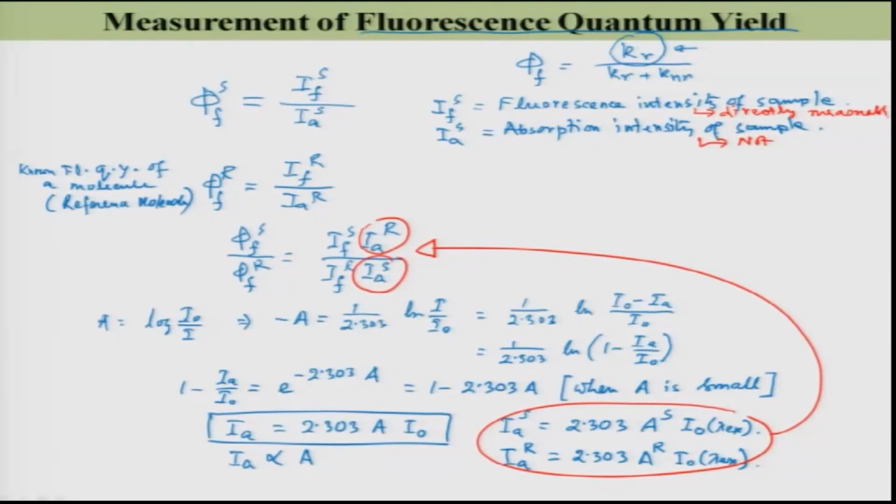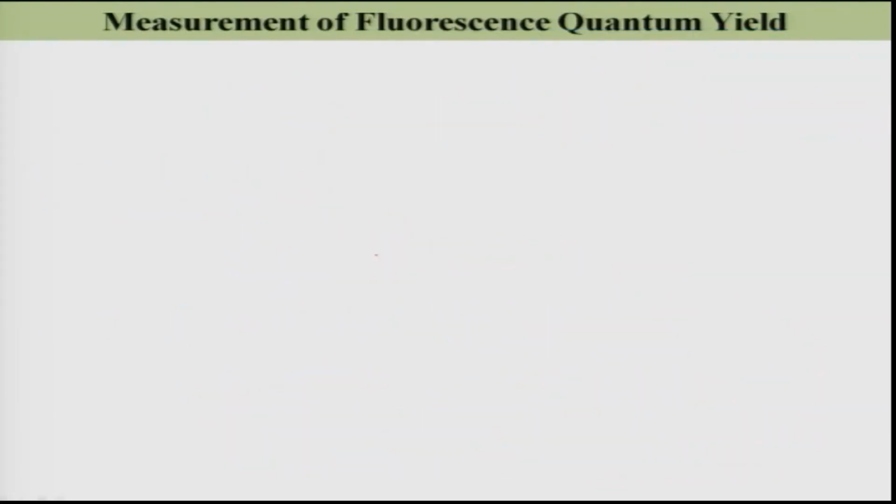So, if I do so, then what I am going to get is phi_F of your sample is equal to phi_F of reference, the intensity of fluorescence of the sample divided by the intensity of fluorescence of the reference into absorbance of the reference at that lambda excitation, divided by absorbance of the sample.